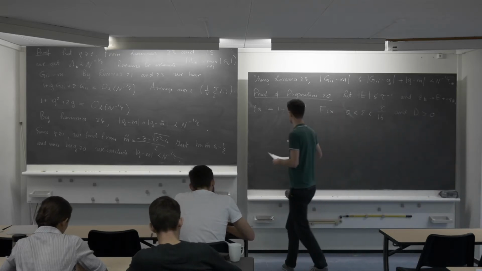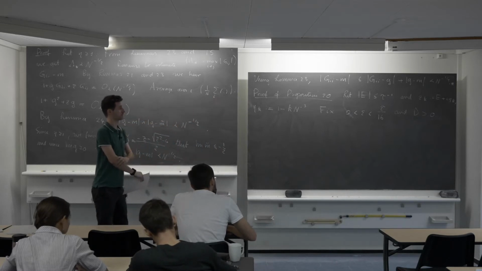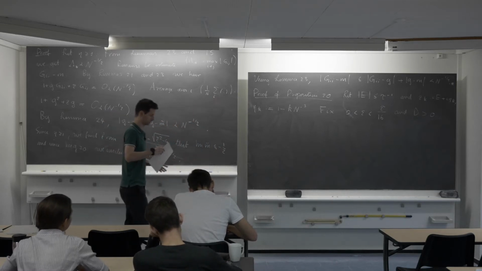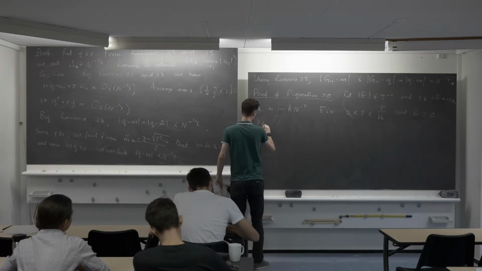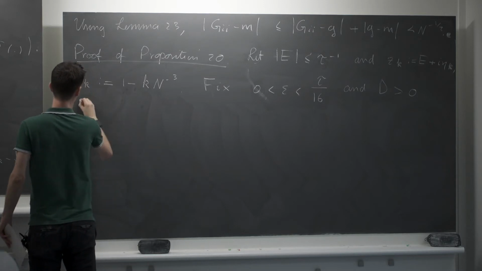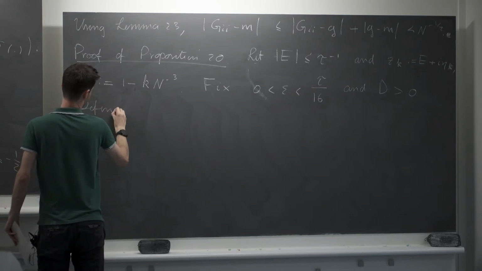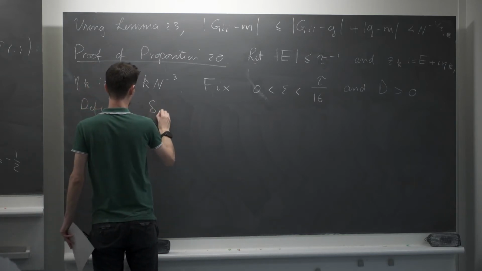And remember, in this proposition, I would like to prove that lambda is bounded by n eta to the minus 1/4. So let me define an error parameter, n eta k to the minus 1/2, and I call this delta k.